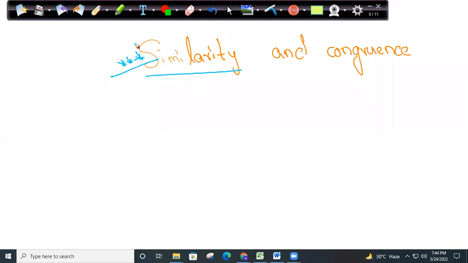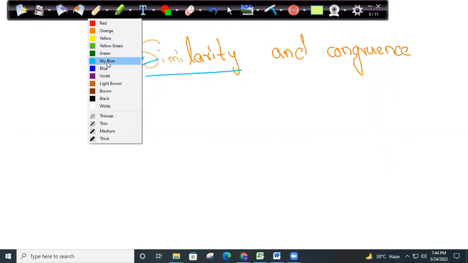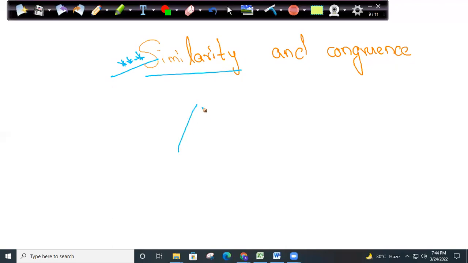Now let me tell you when I can say two triangles are similar. Assume I have two triangles that are similar. So these two triangles I can call similar. Why? I'm speaking about similarity in anything, in persons, circles, everywhere, but right now I'm speaking about triangles.